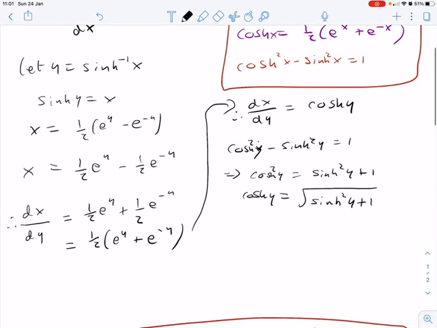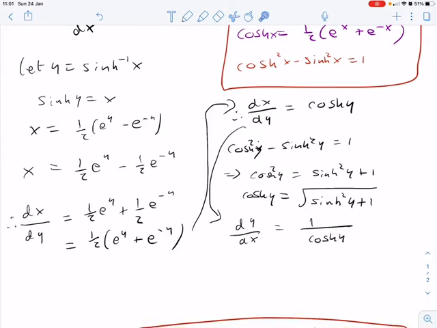Okay, so we've got a result here, dx/dy is equal to cosh y. Now, all we need to do is take this result and flip it on its head. So dy/dx is simply going to be 1 over cosh y.